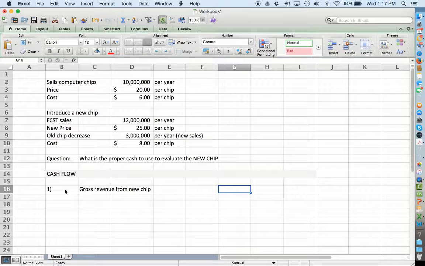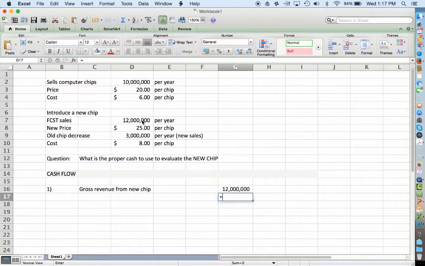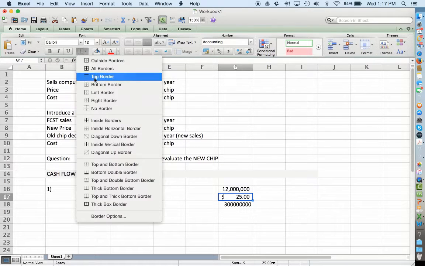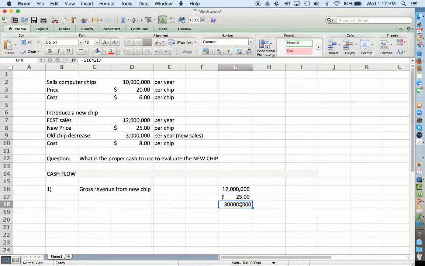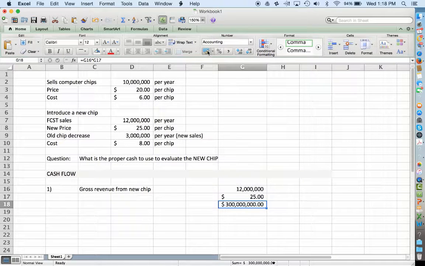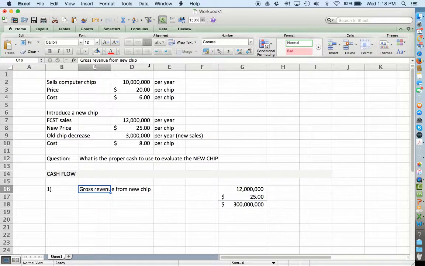So we take the new chip, how many sales we're forecasting, we would take the new price, and we would multiply those two things together. And believe it or not, I actually want to emphasize for you guys to pay particular attention to this, because I see often problems trying to figure out what revenue is when you're given units and price. Okay, so this is the new revenue.